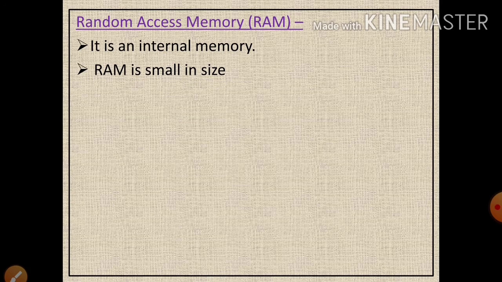It is small in size, hence it can hold a small amount of data. It is a read and write memory, which means it can read data from and write data on the secondary devices like hard disk, pen drive, etc.